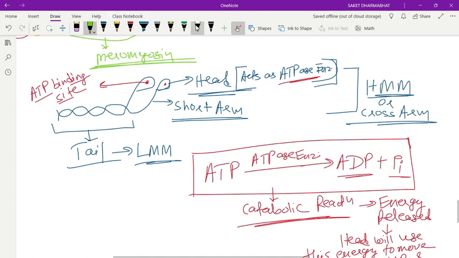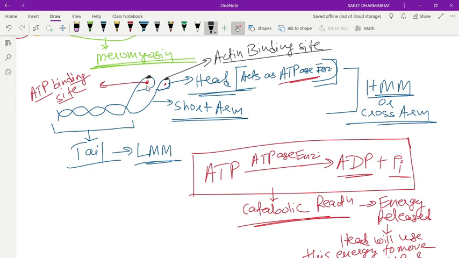Similarly, there are two more sites here. This site will be called what site? Actin binding site. This region is called what? Actin binding site. This will bind to what? Actin. Clear up to here?